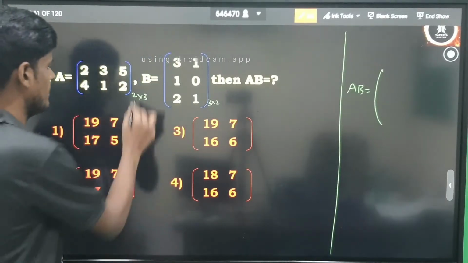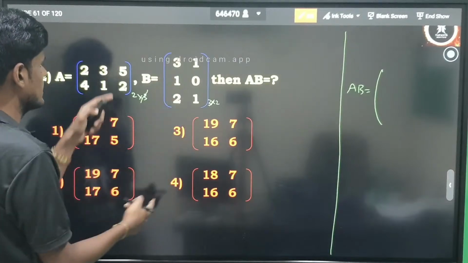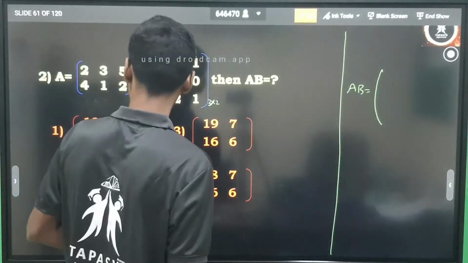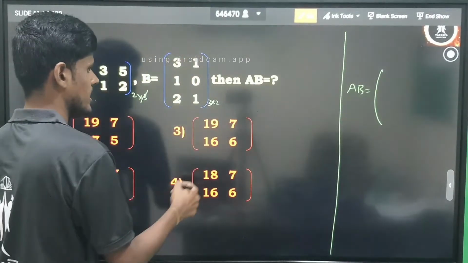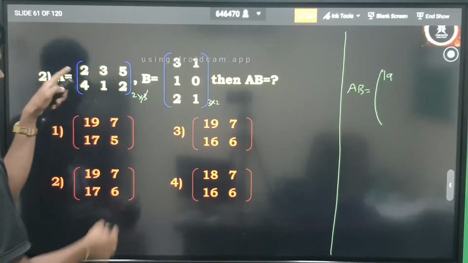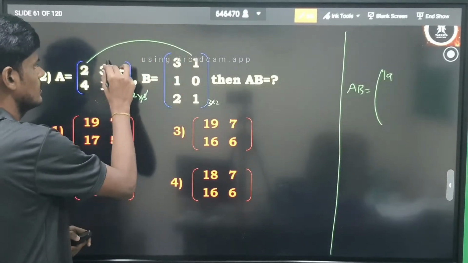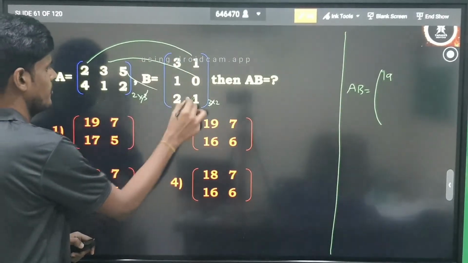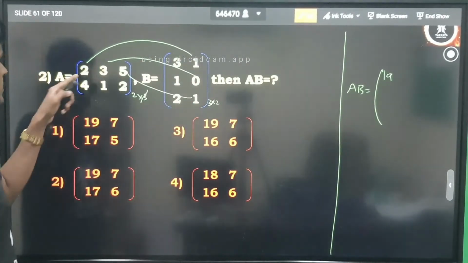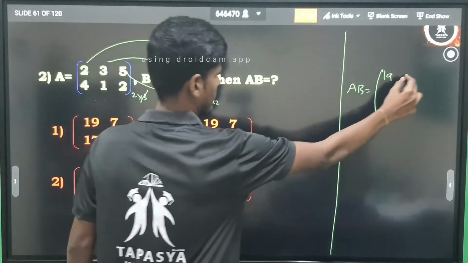Now what will be the elements of this? When we multiply 2 into 3, 6 plus 3, 9 plus 10, 19. We have 3 options. Next one will be 2 into 1, 2, 3 into 0, 0, 5 into 1, 5. That will be 2 plus 0 plus 5, that is 7.